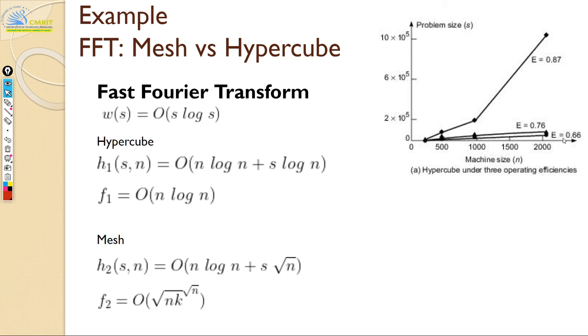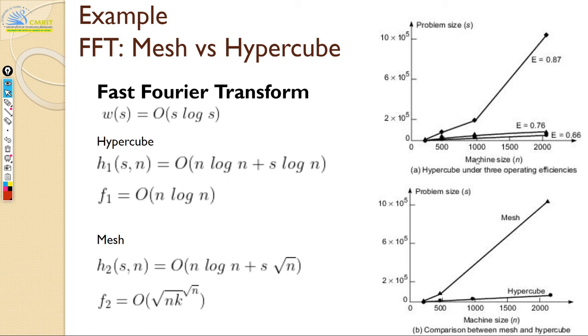This is your problem size, and you assume different efficiencies here. You're maintaining ISO efficiency of 0.87. This is how your problem is going to behave as your machine size increases. Ideally, your 45-degree line curve will be here, but this is how you maintain your ISO efficiency.